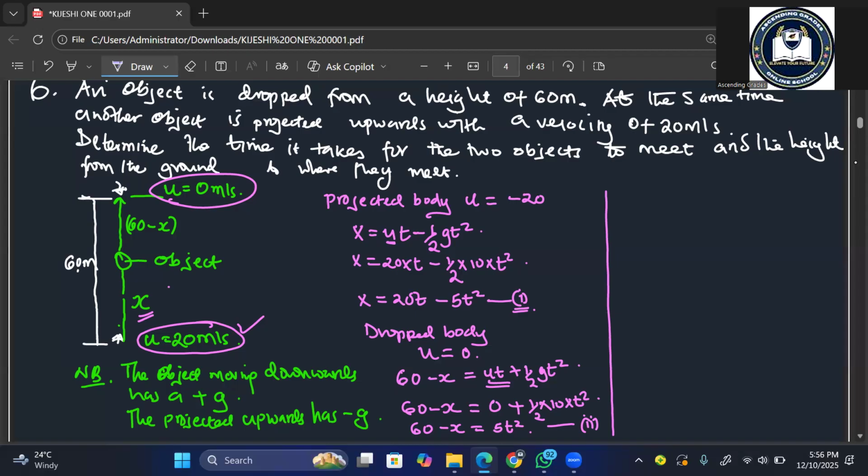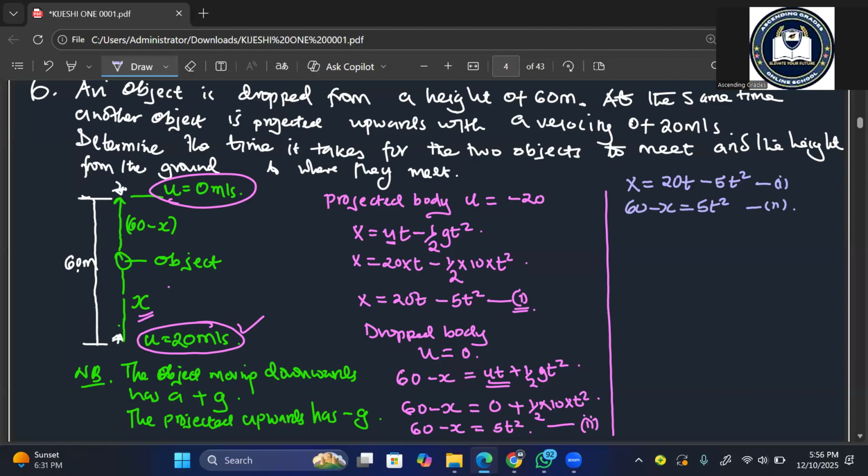So we are having these two equations here. That is, x is equal to 20t minus 5t squared, that is equation 1. And we have 60 minus x is equal to 5t squared, and that is our equation 2.